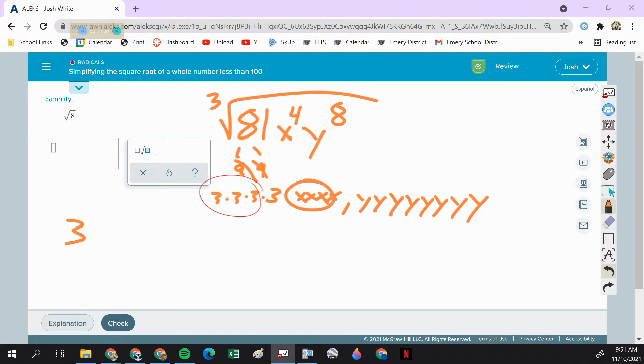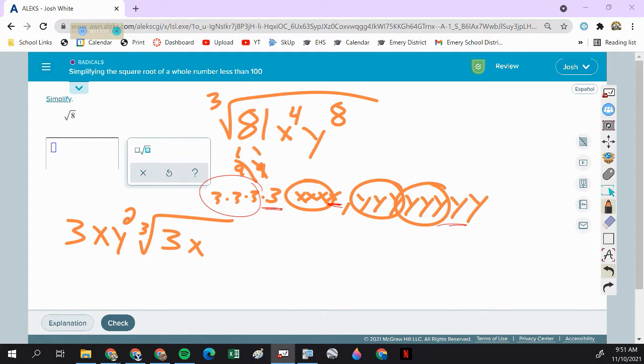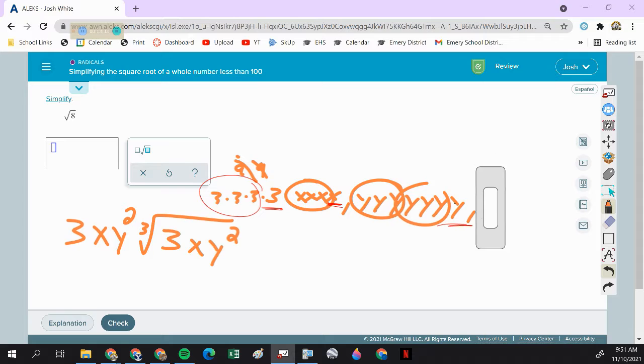A single x and 2 sets of y's. Everybody follow? Okay. What stays in? One of the 3's stayed. One of the x's. And then 2 y's. Okay. Everybody understand that? That takes us through most of the questions.